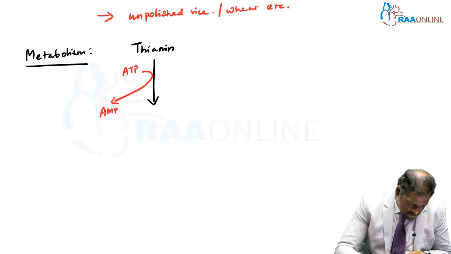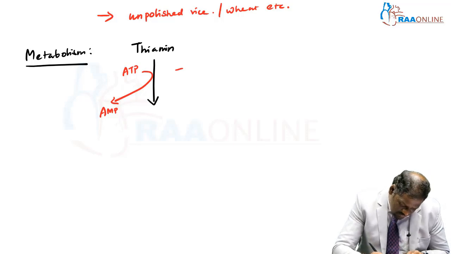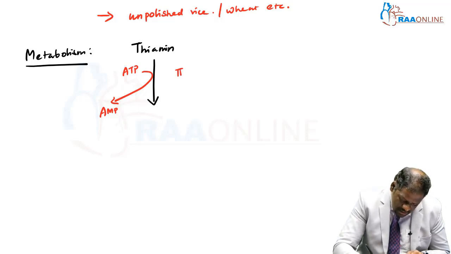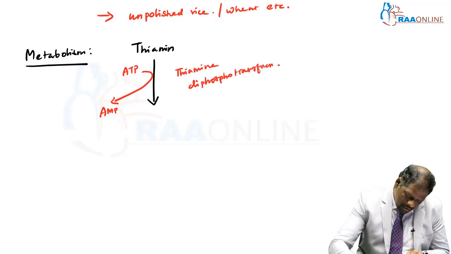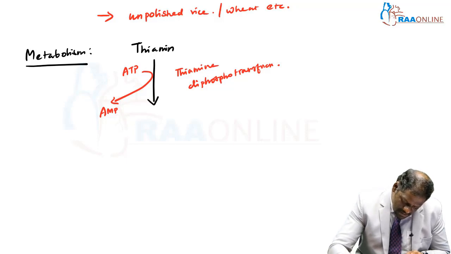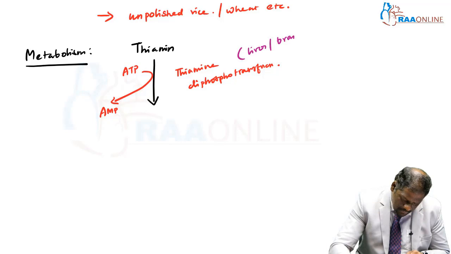Since it is a transfer of a phosphate group from ATP to AMP, it is called thiamine diphosphotransferase. This enzyme is seen in the liver as well as in your brain.